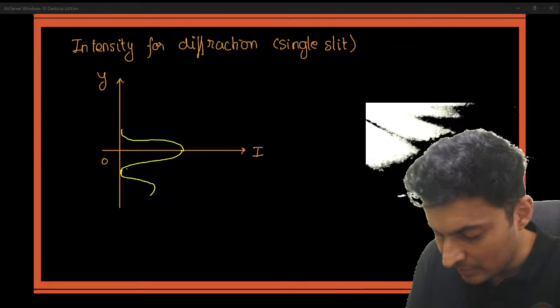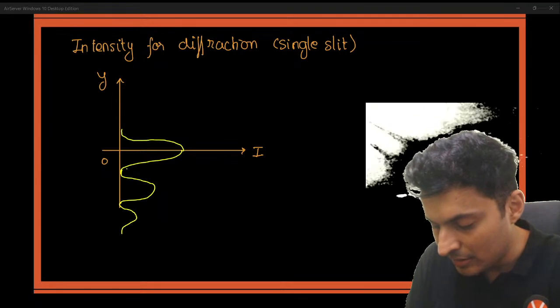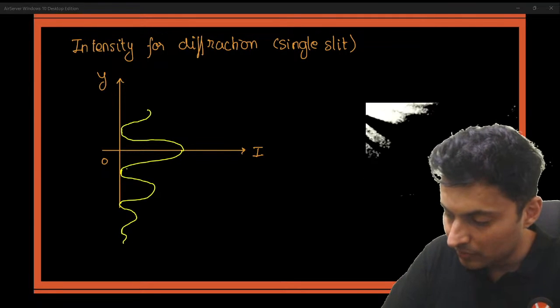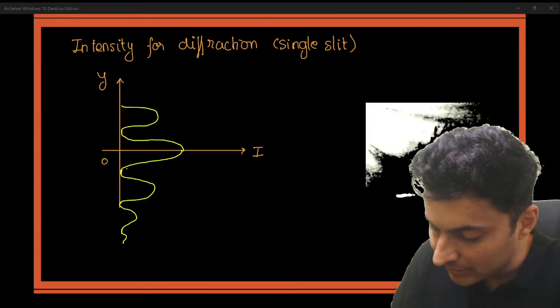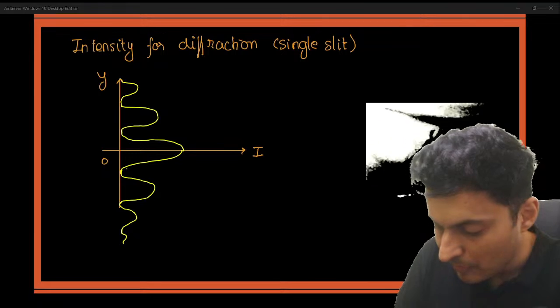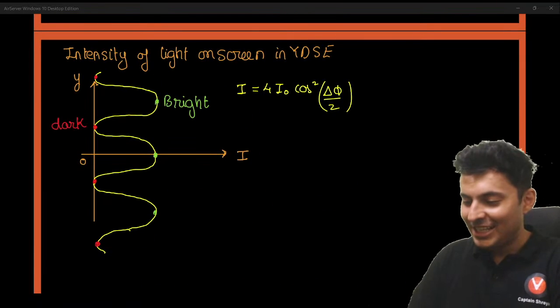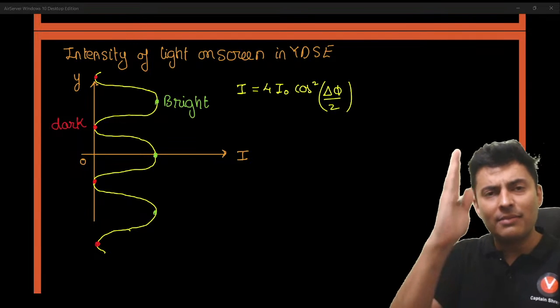Later on, you will see the maximum intensity is not as much as before. It is something like this. Notice the difference in this graph versus this graph. Can you see it? In case of YDSE, the maximum intensities have the same value.